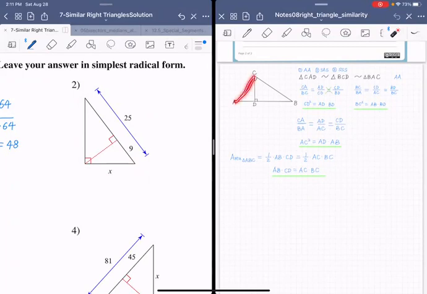Here, AC squared equals AD times AB, correct? So X squared equals 9 times 25. There you go.